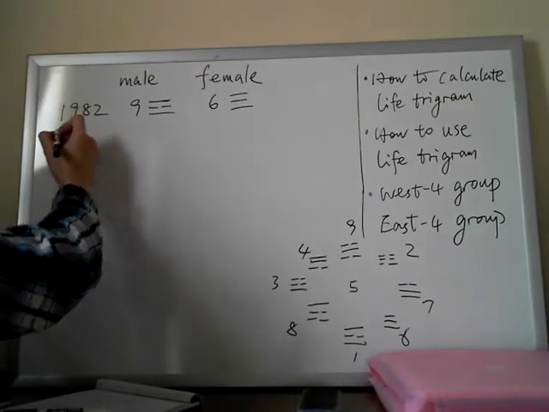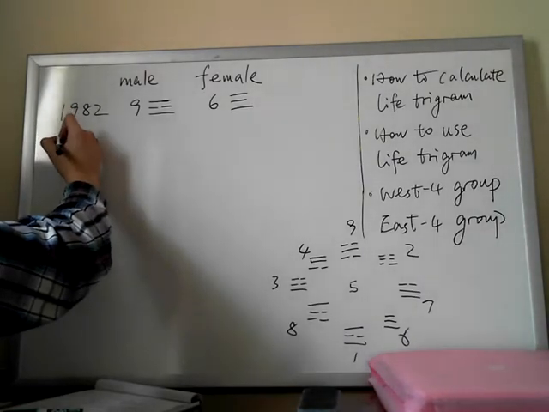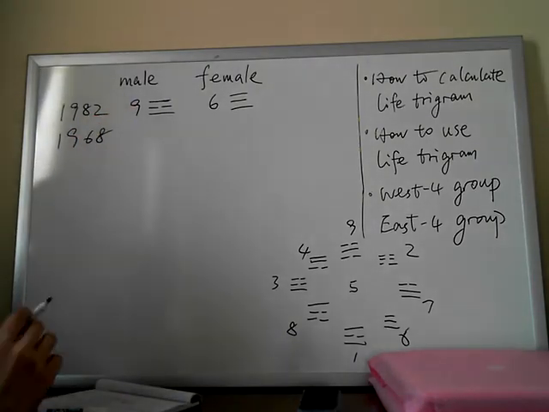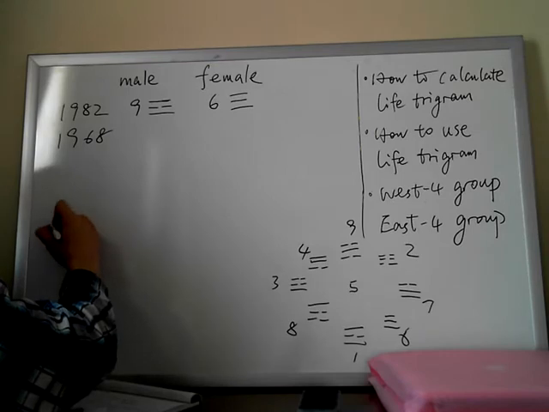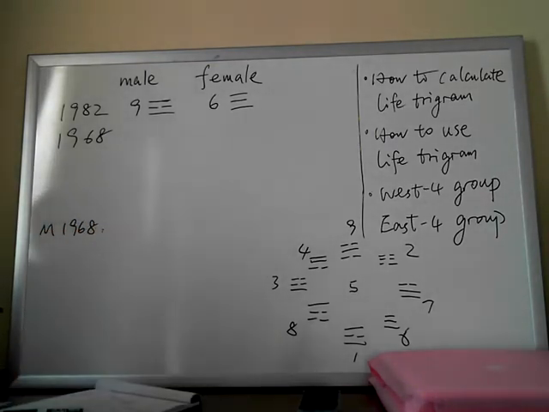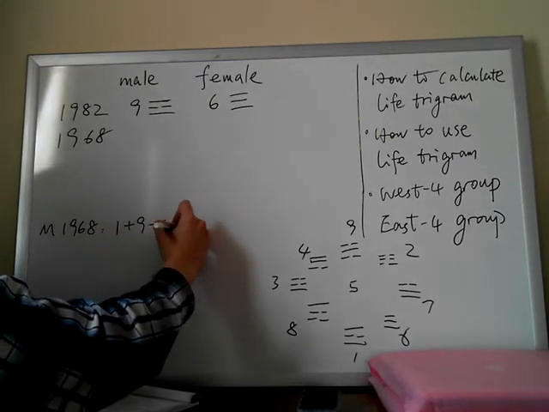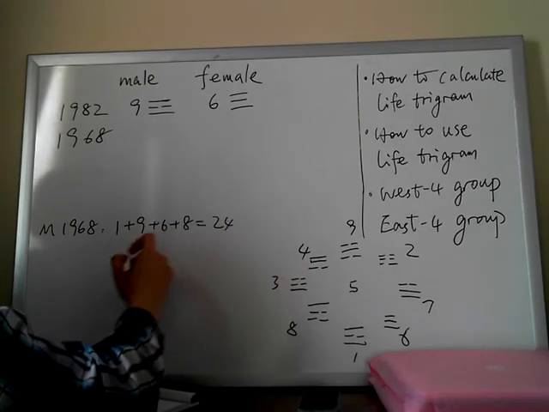Okay, another example. Let's say a male born in 1968. How to calculate the life trigram? This way: 1 plus 9 plus 6 plus 8 gives you 24.